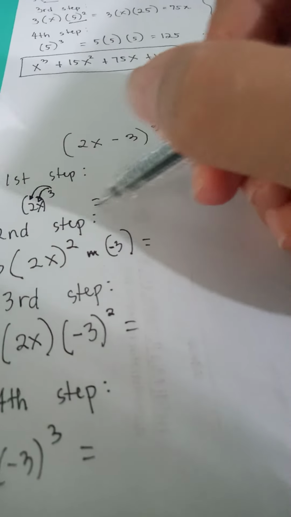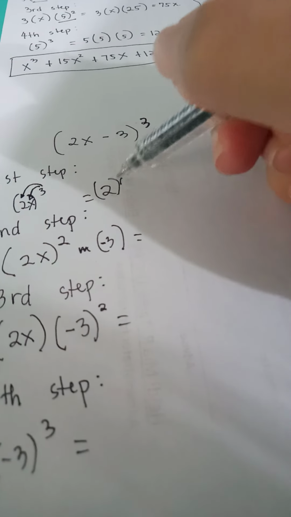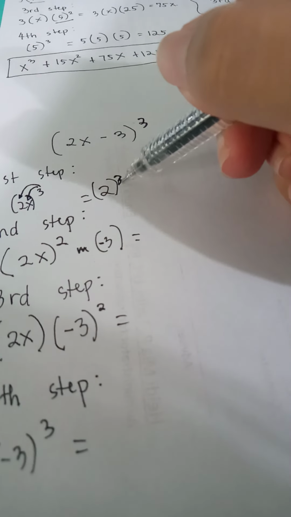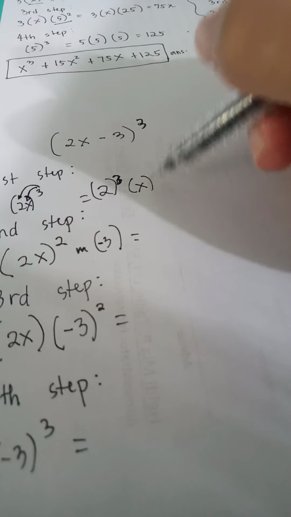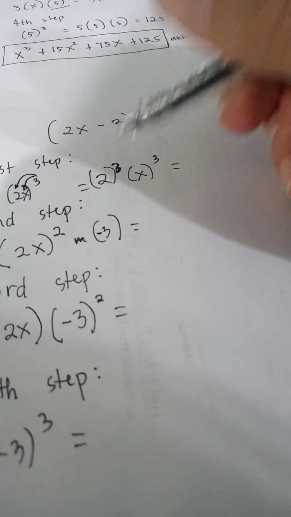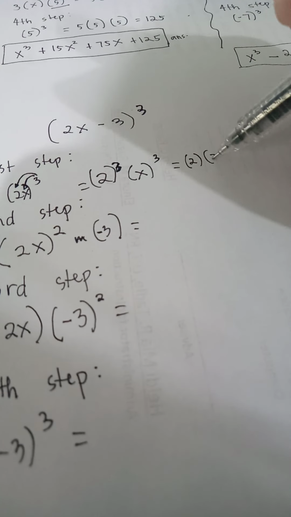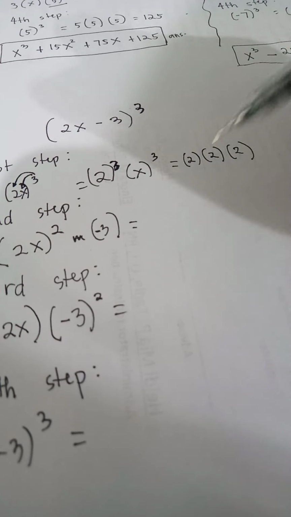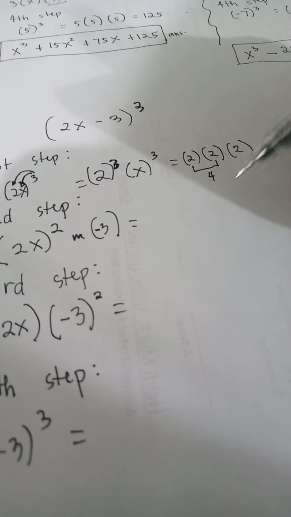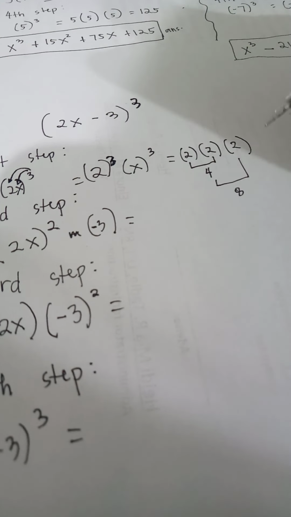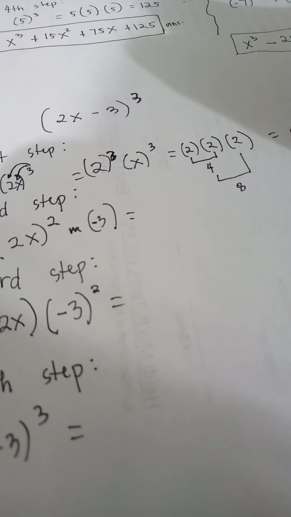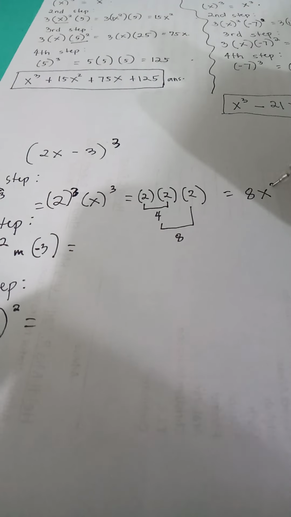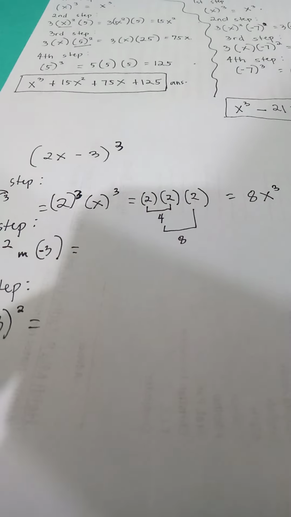So, that is 2 to the power of 3, and then x to the power of 3, in which 2 times 2 times 2, that is 2 times 2, 4, and then 4 times 2 is 8. So, that is 8. Then, x to the power of 3, that is 8x cube. Okay, so that is our answer.